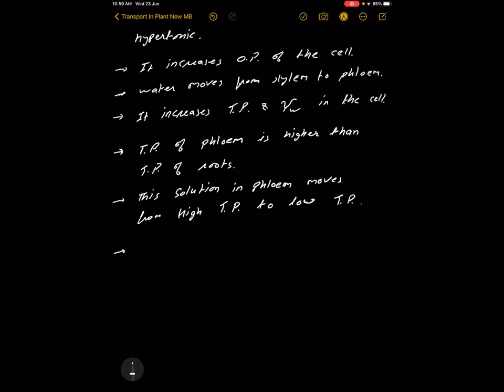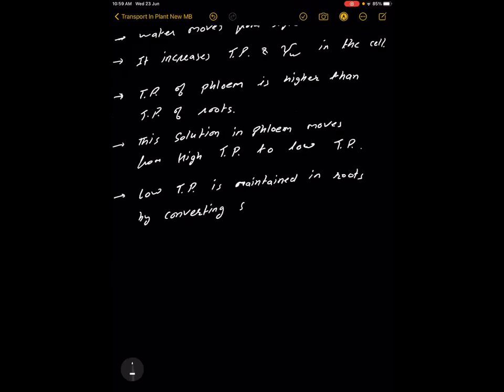Low turgor pressure is maintained in roots by continuously converting sugar into starch.